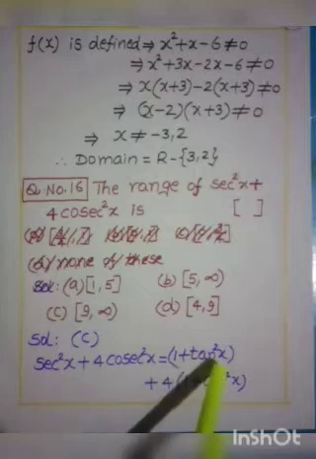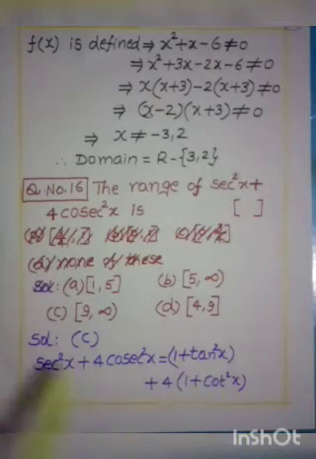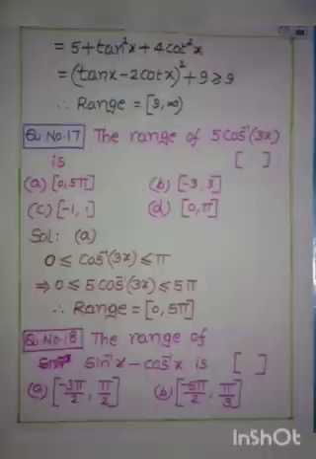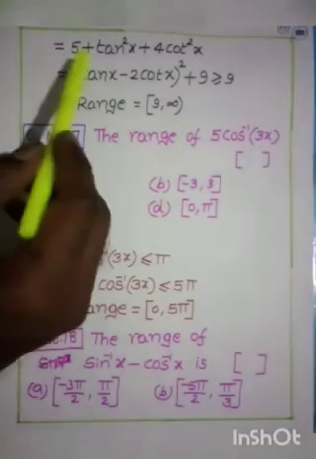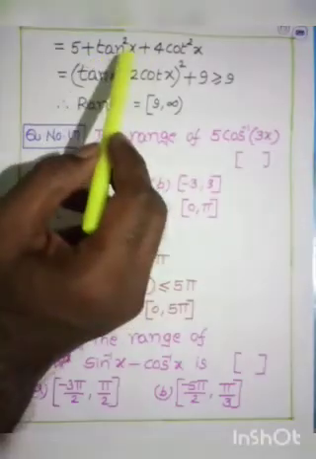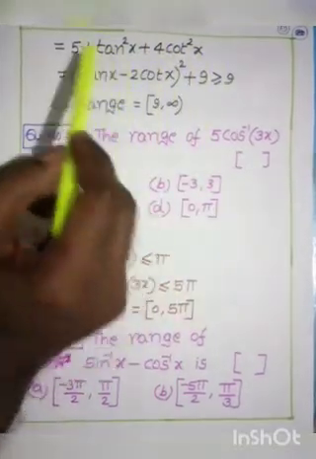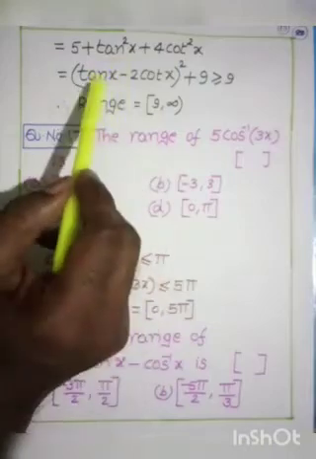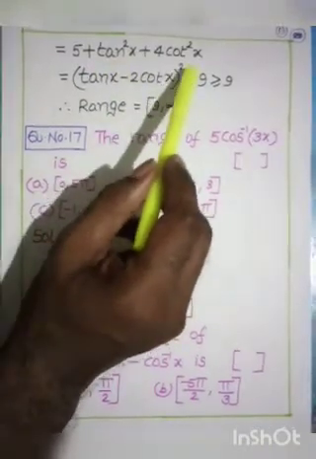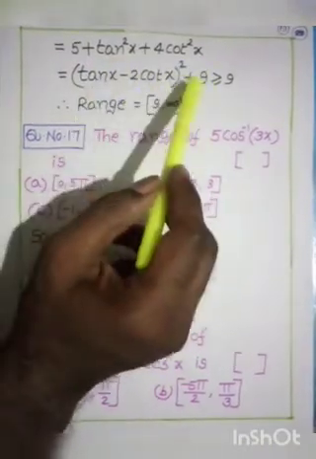Do you remember these two trigonometric identities, my dear children? Right. That is equal to 5 plus tan square x plus 4 cot square x. That is equal to, these three terms can be written as tan x minus 2 cot x whole square plus 9. Okay, my children.